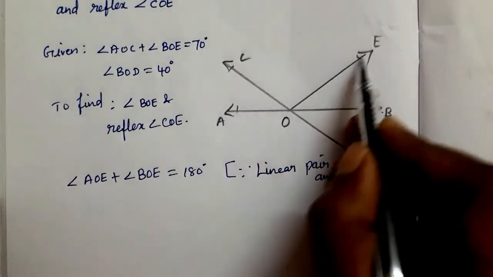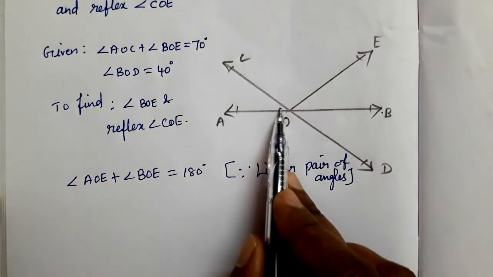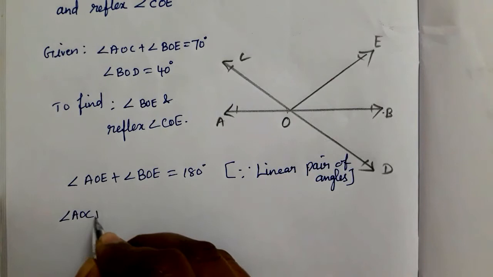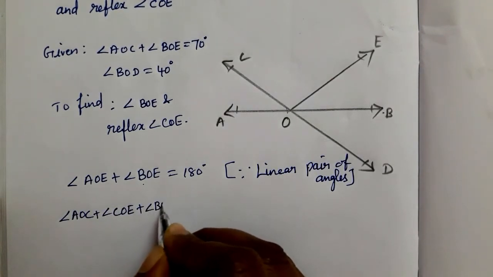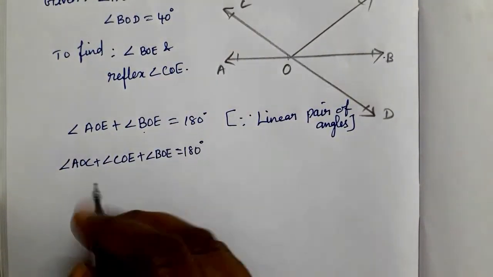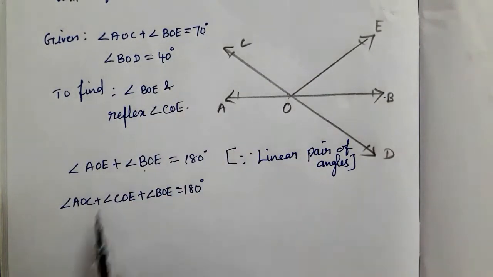Now this angle AOE we can write sum of angle AOC and angle COE. So angle AOC plus angle COE plus angle BOE equal to 180 degree. Now already we know that angle AOC plus angle BOE is 70 degree.